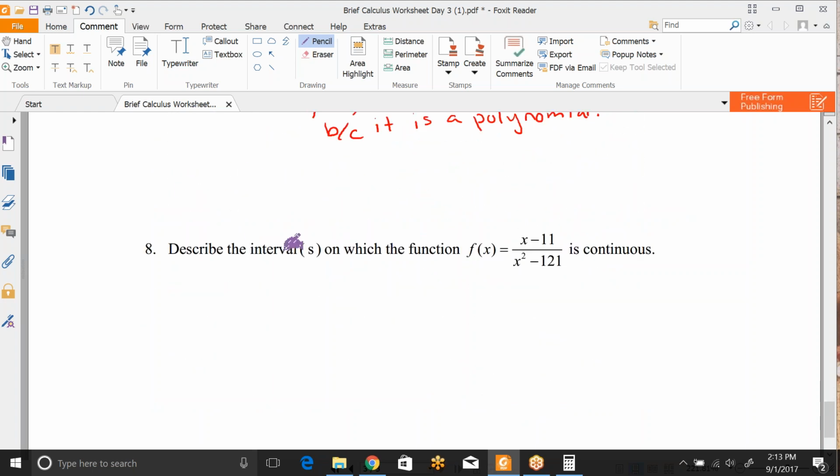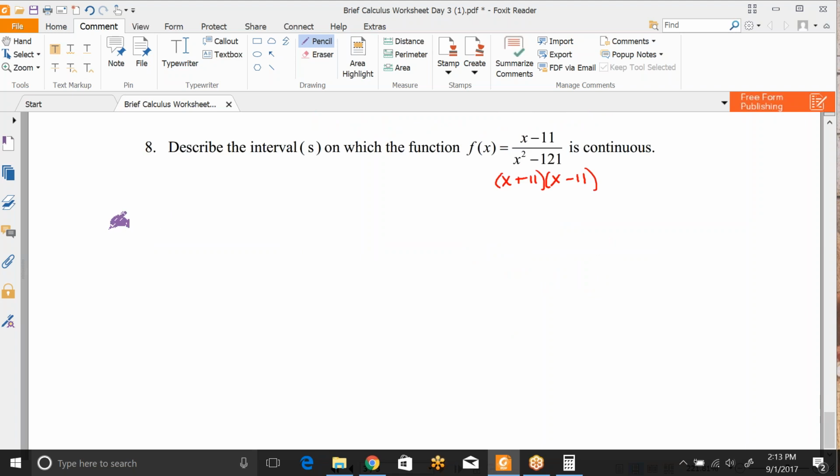Number 8, describe the intervals on which the function f of x equals x minus 11 over x squared minus 121 is continuous. So we need to factor the bottom first, and this one is perfect squares, so it factors into x plus 11 and x minus 11. There are 2 discontinuities here. One of them is at x equals negative 11, and the other one is at x equals positive 11.